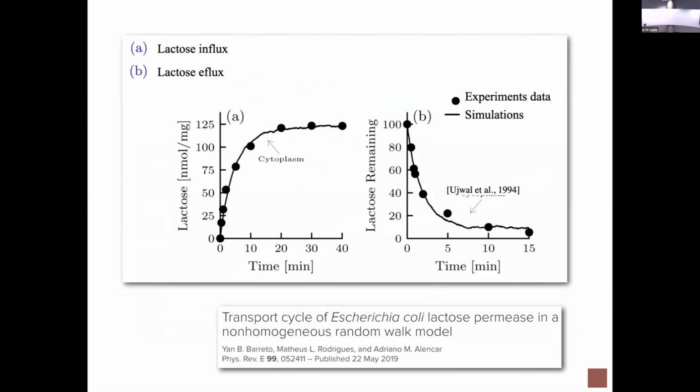So now we have time against the amount of lactose, and time against the lactose remaining in the periplasm. The circles are experimental data, and here's our curve, which we made from our model. So our model fits the experimental data perfectly.